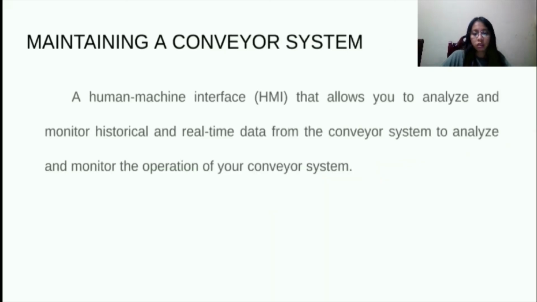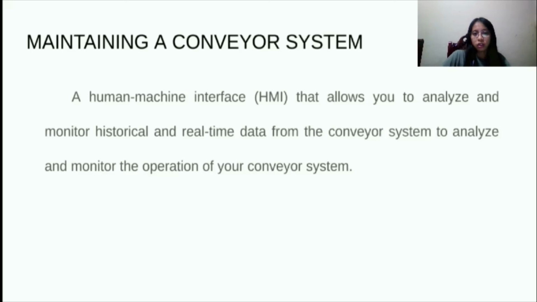In maintaining a conveyor system, a human-machine interface, or an HMI, allows you to analyze and monitor historical and real-time data from the conveyor system to analyze and monitor the operation of your conveyor system. Also in maintaining a conveyor system, it is important to do regular inspections, the monitoring of motors, system audits, and also you need to ensure that you have spares in stock.